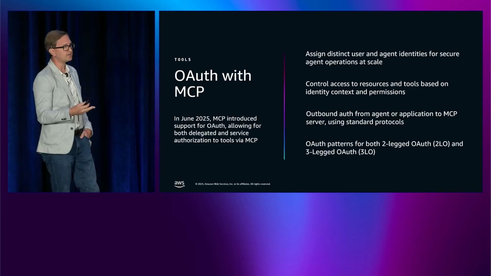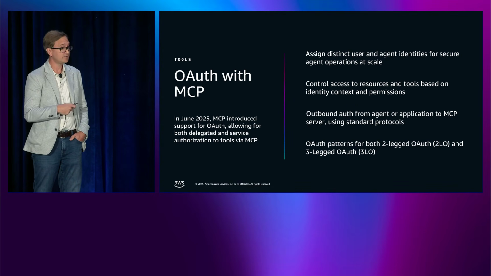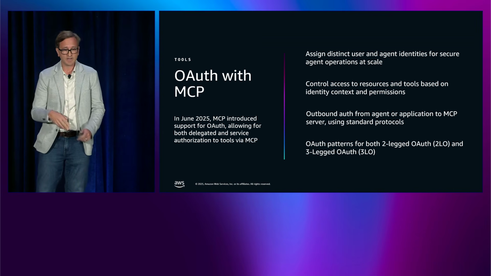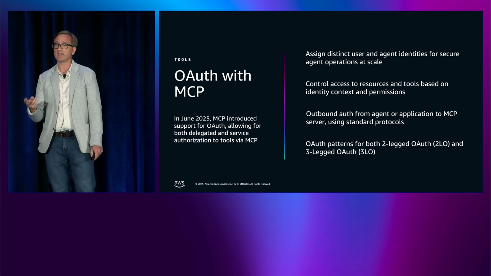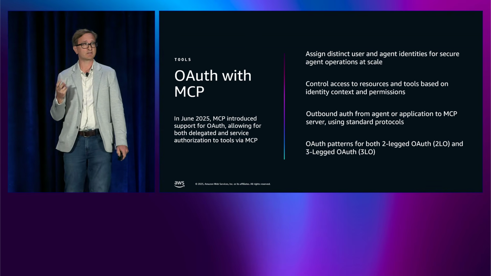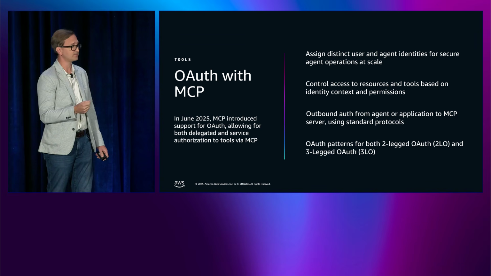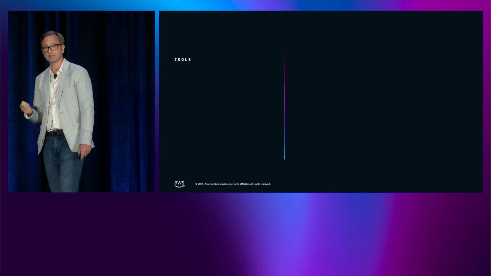This allows you to assign distinct user and agent identities so that you can secure those agent actions at scale. There are two different OAuth patterns that we have seen customers use with MCP. Those patterns are two-legged OAuth and three-legged OAuth, and we're going to look at the use cases for both here.